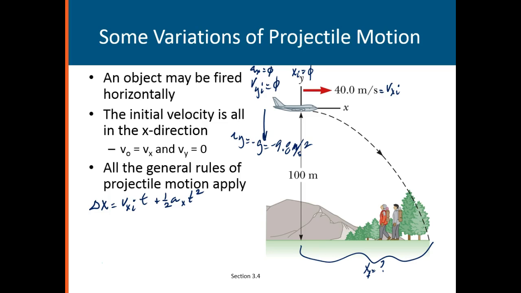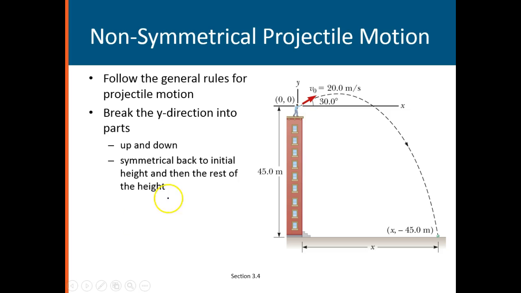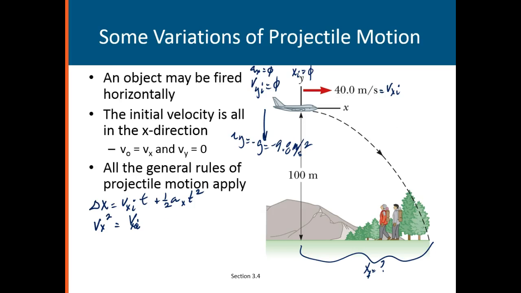Ah, excellent. Okay, how about that one? That's 3.6c. V sub x squared, that's the final velocity, is equal to v sub x initial squared, plus 2 a sub x delta x.